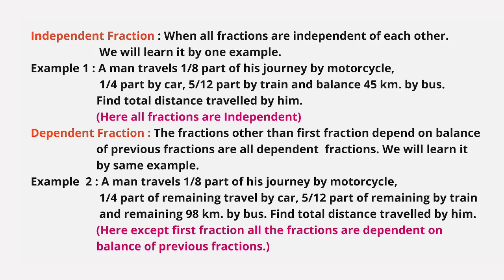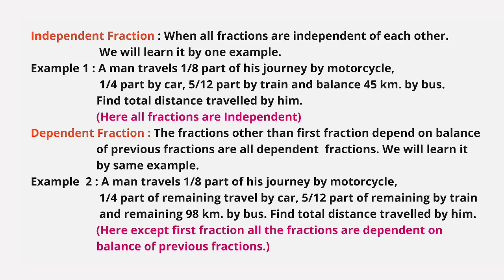In the first question, the fractions 1 upon 4 and 5 upon 12 are not dependent on the previous fractions. But in the second question, 1 upon 4 and 5 upon 12 are dependent on previous fractions. I hope you have understood the concept of independent and dependent fractions.